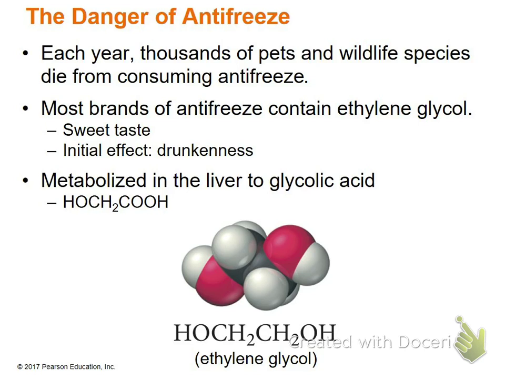So I'd like to start off this chapter by introducing this compound called ethylene glycol. And ethylene glycol is actually a type of alcohol. And alcohols are a type of organic compounds. So ethylene glycol again is basically a type of alcohol because it contains what they call hydroxyl groups.